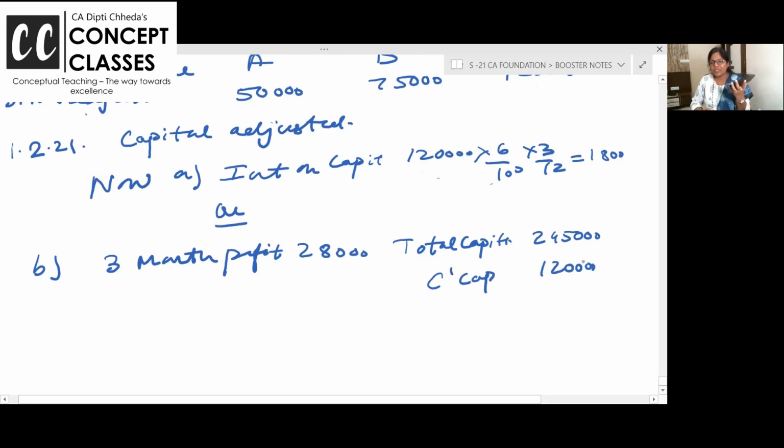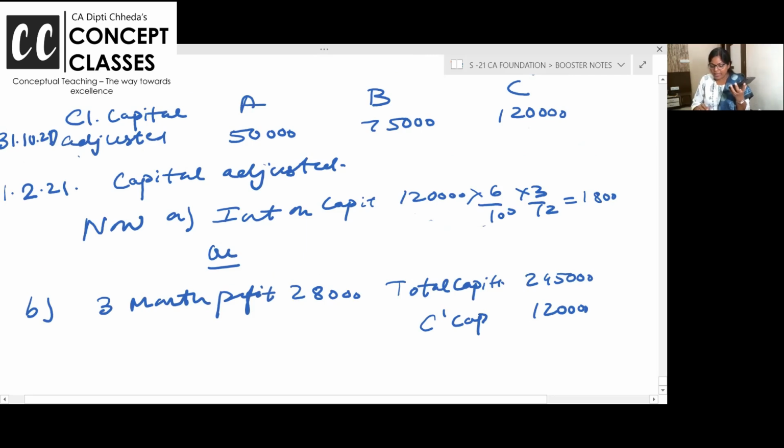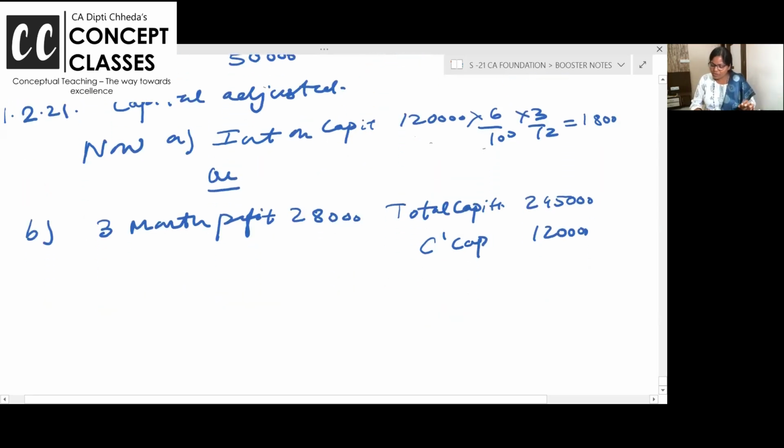Listen to the dialogue 2 minutes. C is saying, on total capital used 245, you have 28 profit. In that, my capital you have used 120.